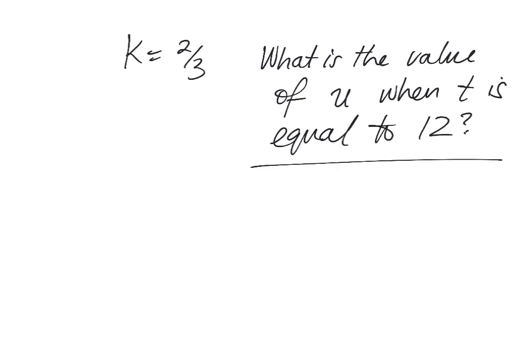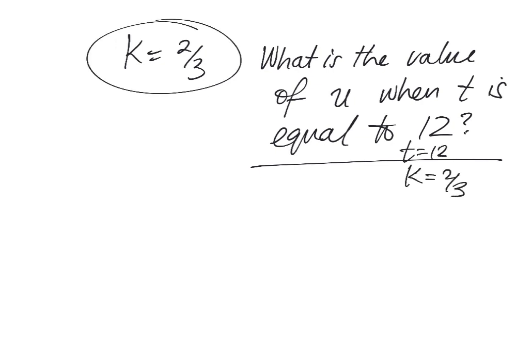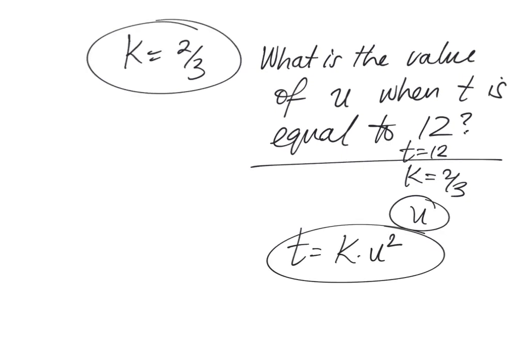So they've given you a new value for T now. You know what K is, and basically you just have to solve for U back in the equation that we've created. So this is an example getting you to think about variation, and you can see this back in 1.7 in the Tyler Wallace book. This is the same principle you would use for inverse variation. So please, if you have questions on inverse or direct variation, do not hesitate to reach out.